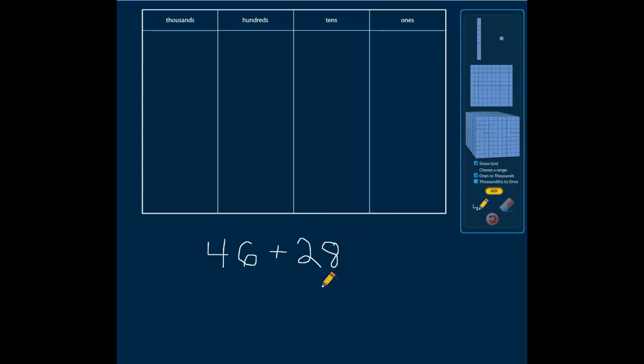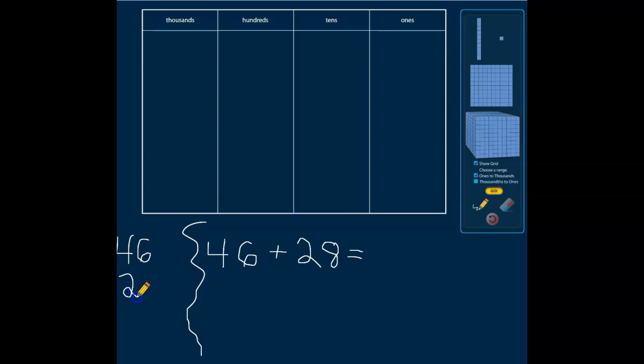The very first thing I want to do is line up my numbers in working form. What I call working form, let me show you. We'll draw a little divider here. Working form is just what we did before. We line up the numbers by their place value, tens and ones.